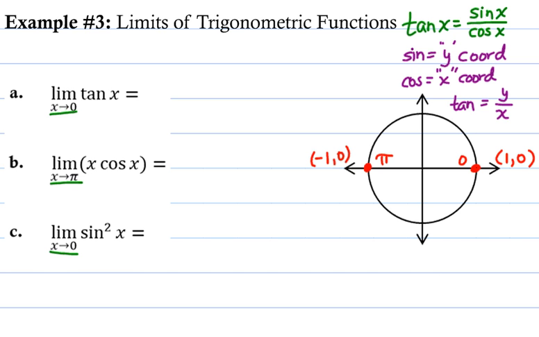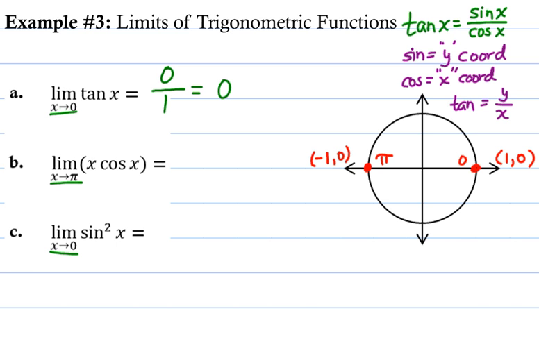Okay, so A. I'm going to treat this as the limit as x approaches 0 of sine over cosine, or the y-coordinate over the x-coordinate. So at 0, the y-coordinate is 0, the x-coordinate is 1. So that's my limit. 0 divided by 1 is 0.